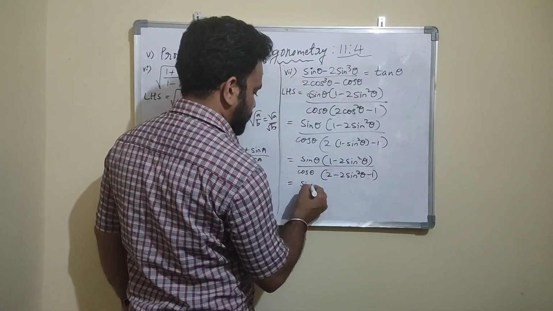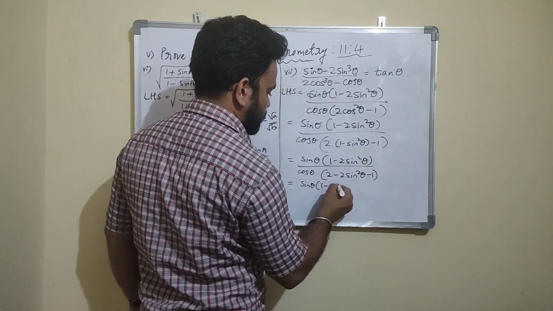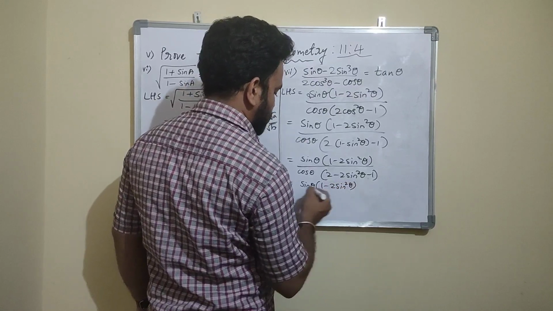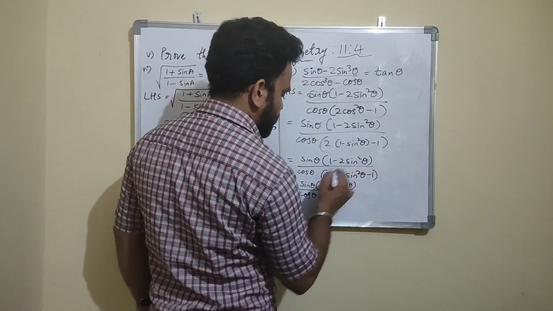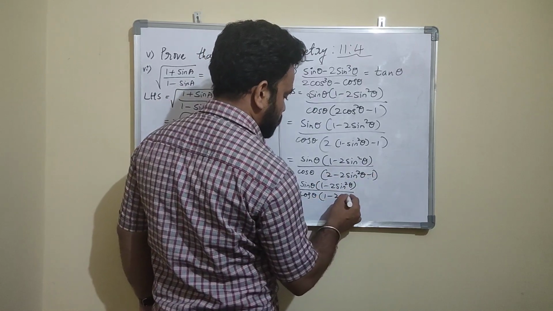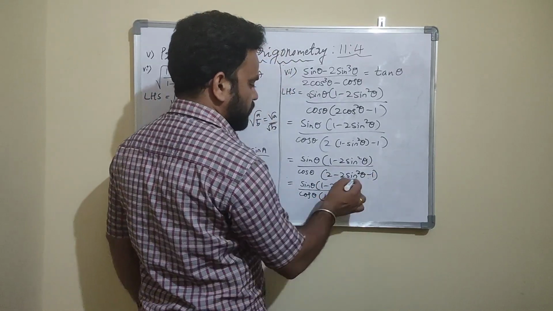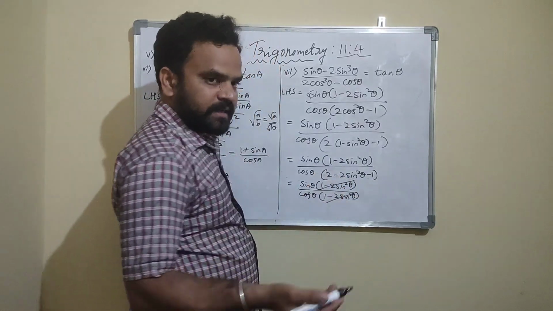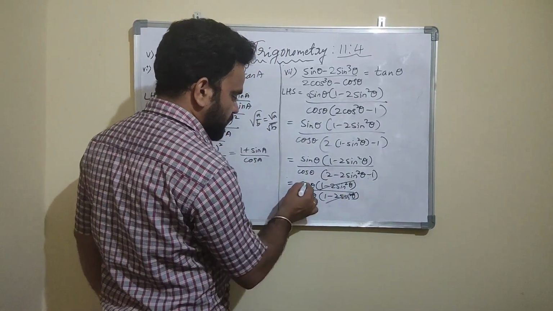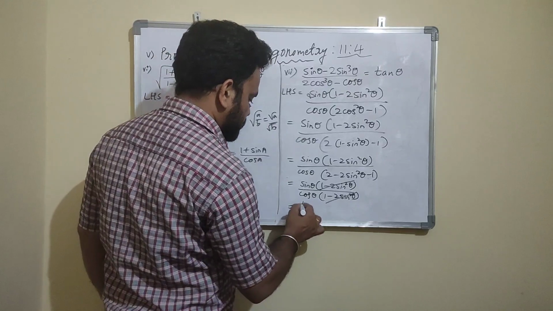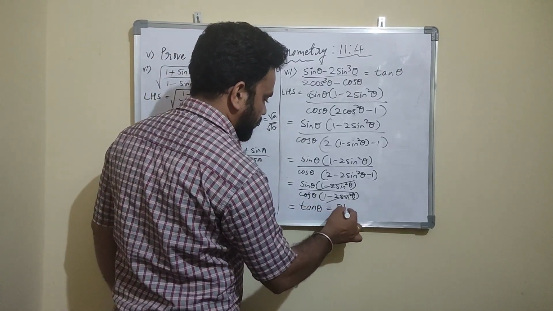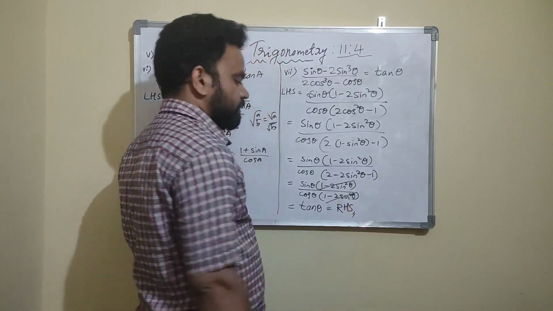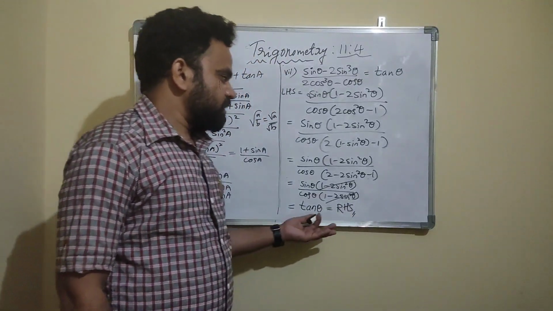Here again sin theta into (1 minus 2 sin square theta) divided by cos theta into (2 minus 1 is 1) minus 2 sin square theta. 1 minus 2 sin square theta cancels. Remaining is only sin theta divided by cos theta, that is tan theta, which is RHS. Am I clear?